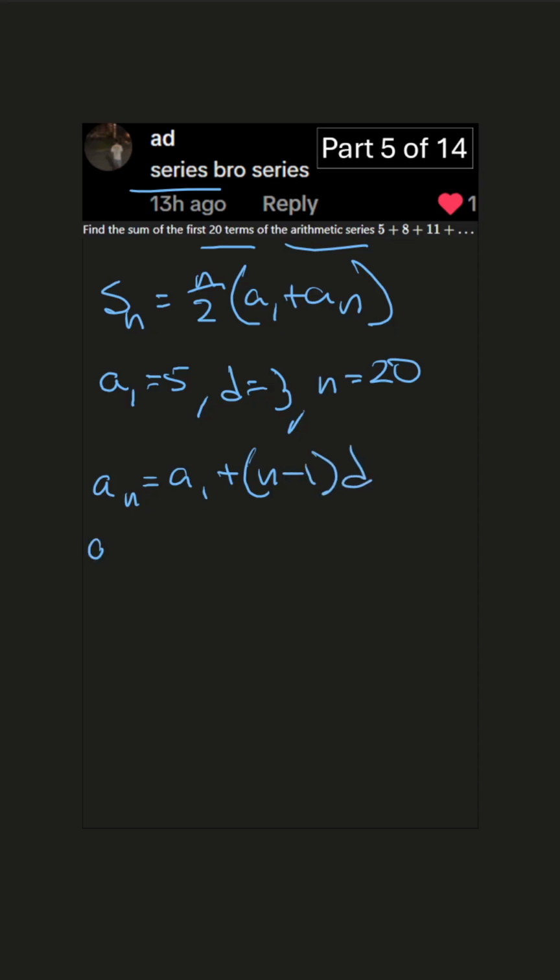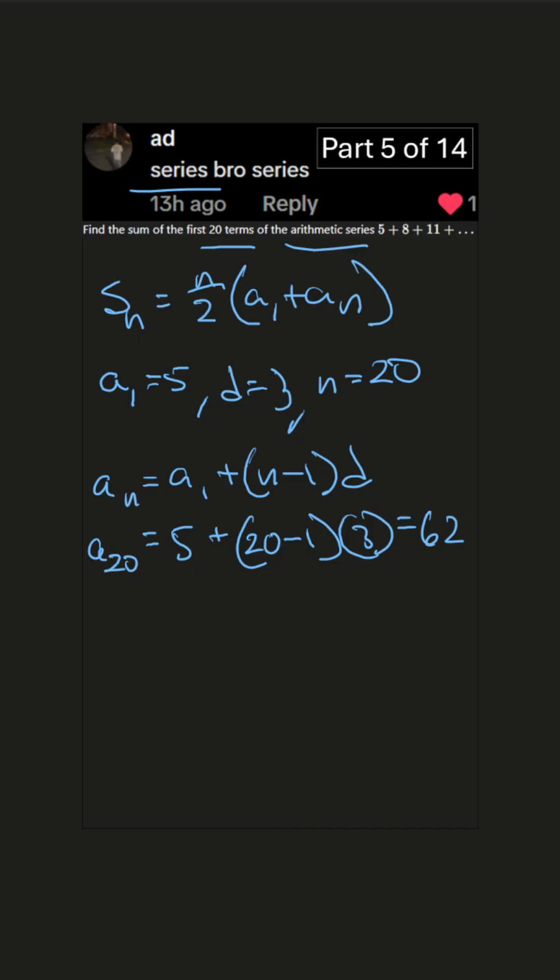If we want to find the 20th term, we just plug that in. So a sub 1 is 5 plus 20 minus 1, and we said d equals 3, so we multiply by 3 there. Simplify that, you get 62.